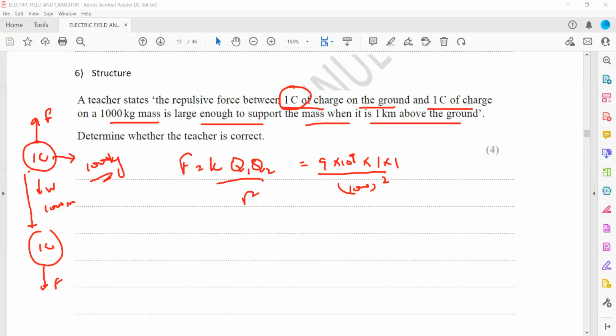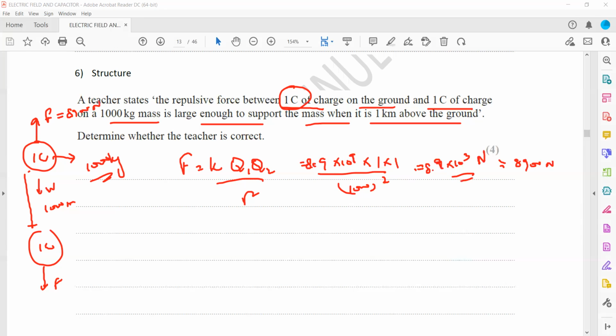When we substitute, it will be 10 power 6, so 9000, or 9 exponent 3 Newton. The value of K is actually 8.99, so it will be 8.9 exponent 3 Newton, or 8900 Newton. That's the repulsive force, 8900 Newton.